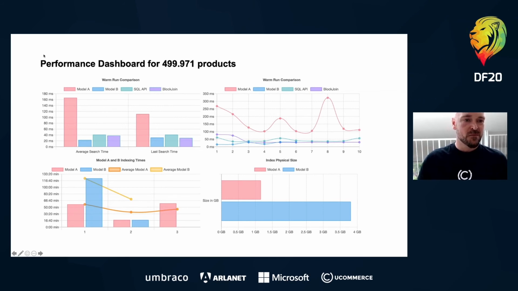We started out on model A here, which, as you can see, is quite slow. We quickly moved to model B, which is just a different way of using the underlying search technology. So this is what we ended up shipping with. We're able to, out of 500,000 products, load around 1,000 products in something like 20 milliseconds, which is very, very snappy. So we have a fast API.